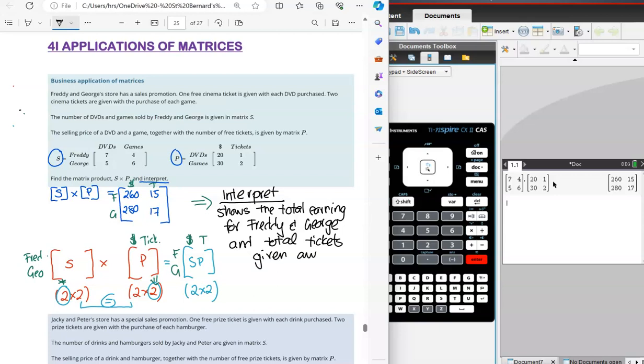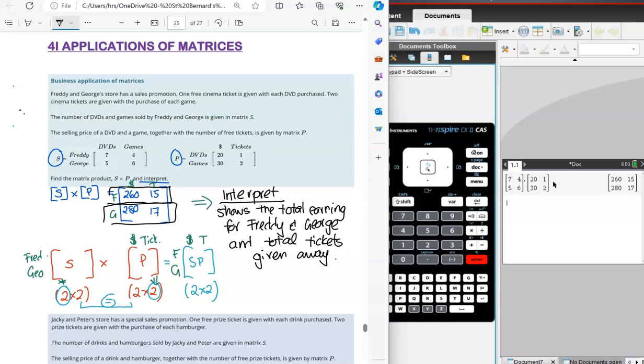That's how you can do it, because sometimes when you multiply these, you might not know what it's doing. So if you find out what the rows represent, I found this row represented something to do with Freddie, and this row something to do with George.